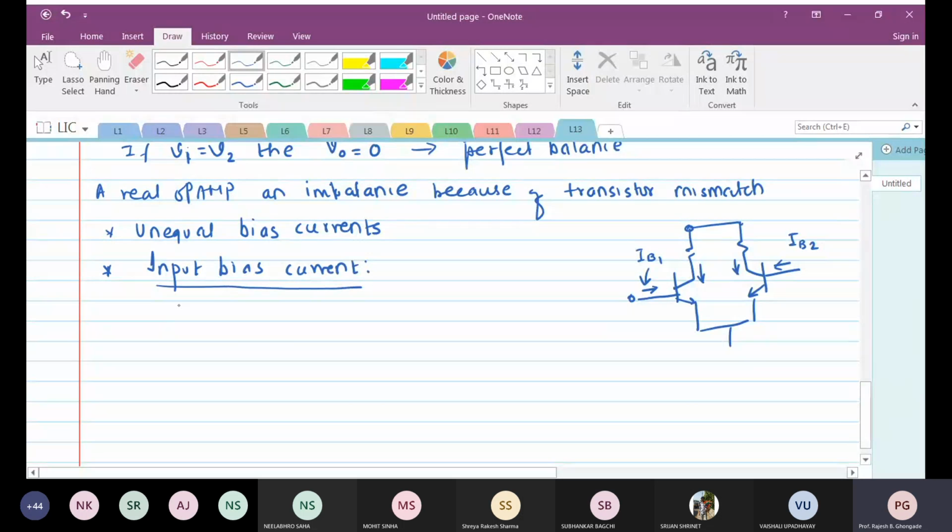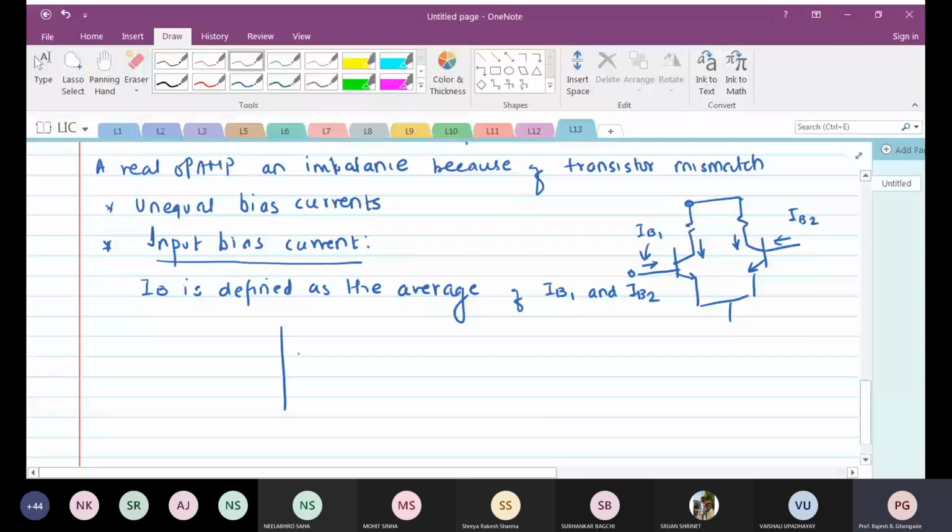So this input bias current IB is defined as the average of IB1 and IB2.